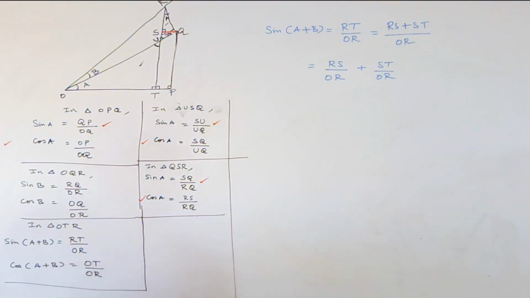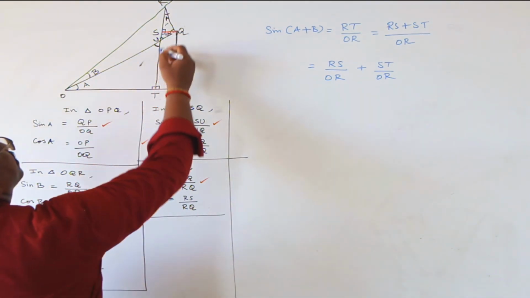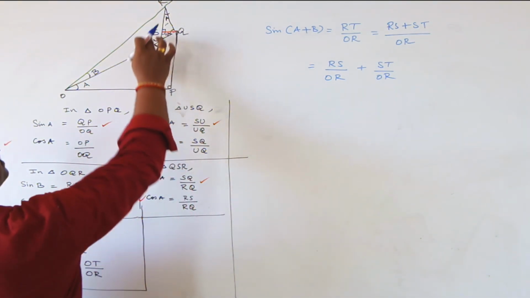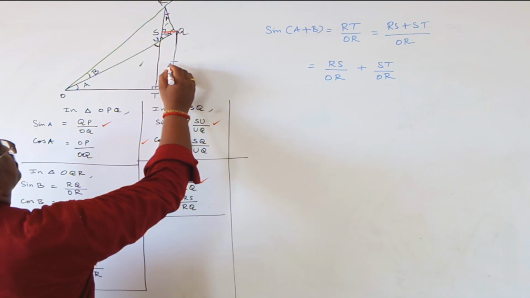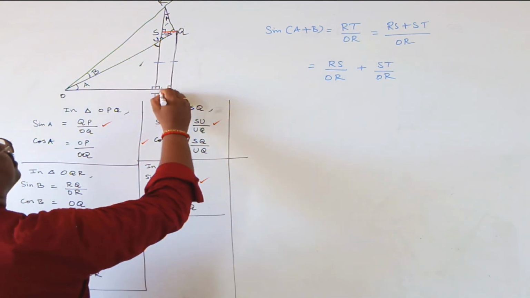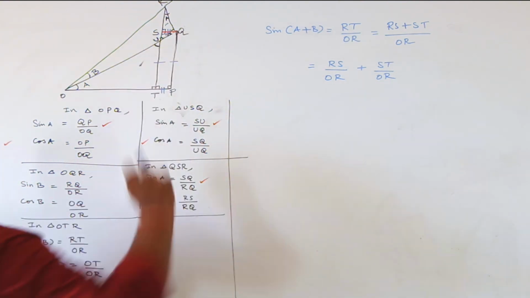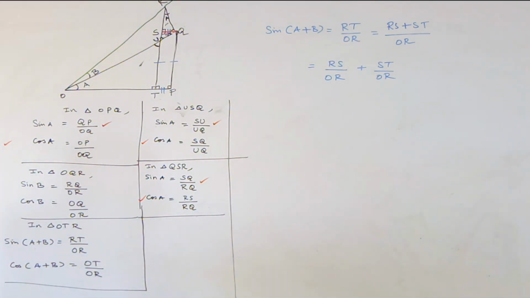What is ST? Here is a rectangle. PTSQ is a rectangle. This side and this side are equal. This side and this side are equal. Isn't it?